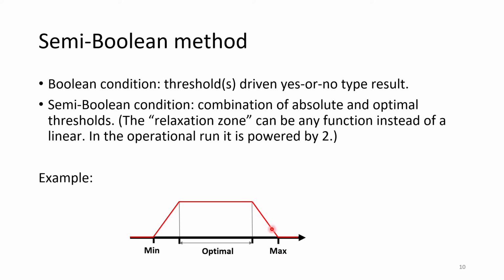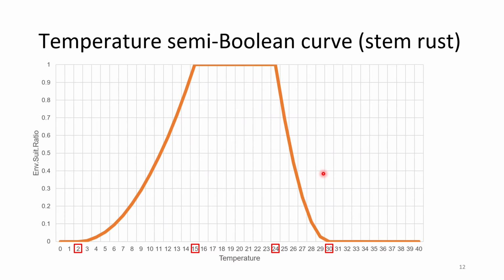However, between them there is kind of a relaxation zone. This relaxation zone can be linear or, as we use in our operational run, powered by 2. So it looks like this.